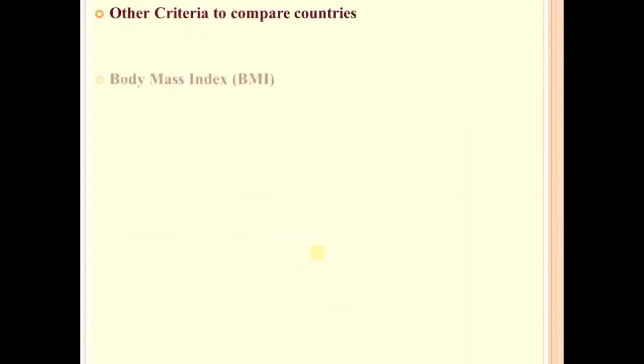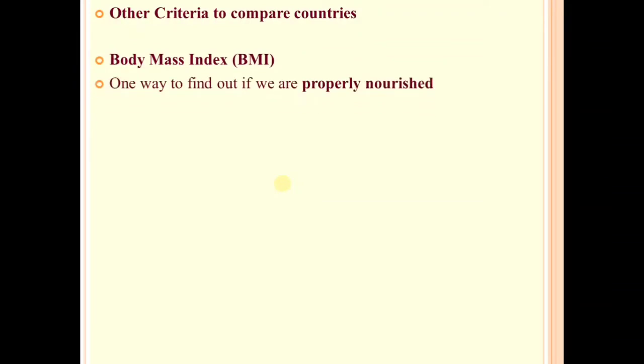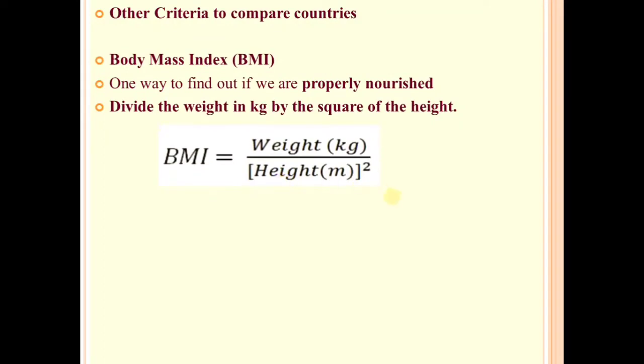Now, another important criterion to know the nutrition level or the health of people is BMI, or body mass index. Basically, it's very easy to calculate this BMI. You just need to divide the weight in kg by height in meter square.